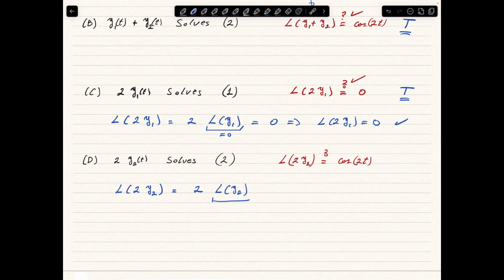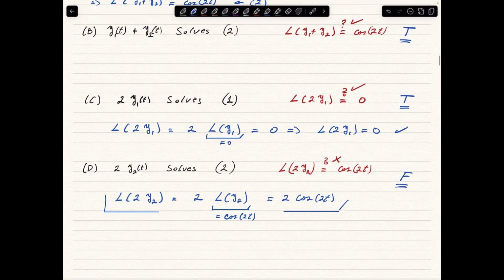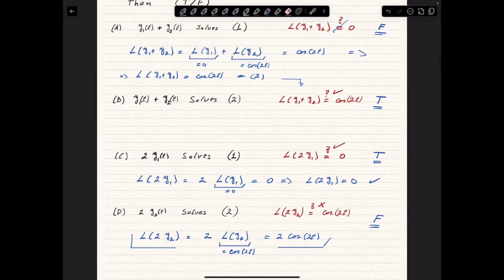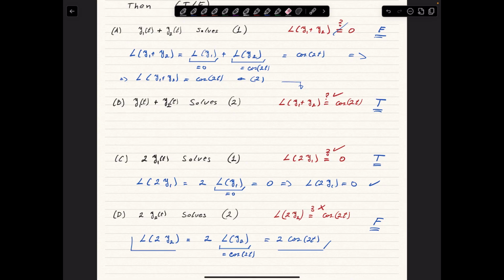But notice that L of y2 is equal to cosine of 2t, so this is actually 2 times cosine of 2t. So we see that L acting on that function is not cosine, it's 2 times cosine. So this is not true, so false. You see? So this is more or less how we use the linearity property to figure out several things about solutions of the differential equation.